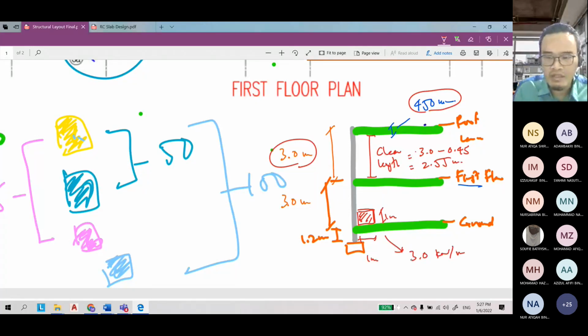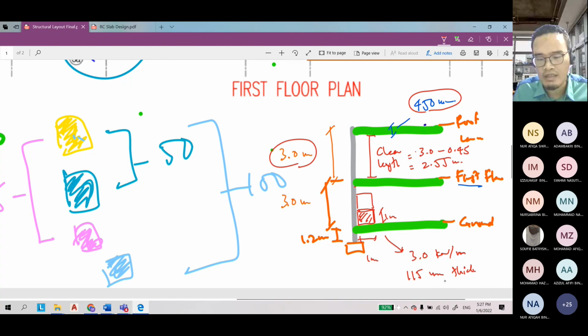So that's why you have to multiply with the clear height, and then we just intend the unit as per meter. So this is for, let's say, 115 mm thickness, including the plaster and including the painting.